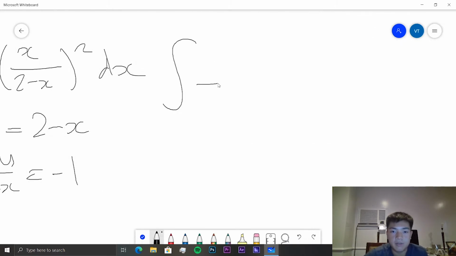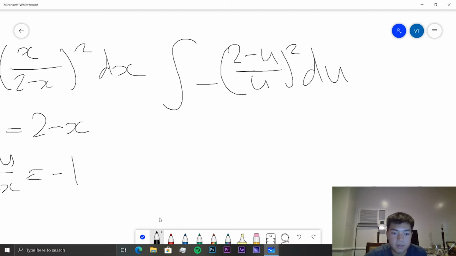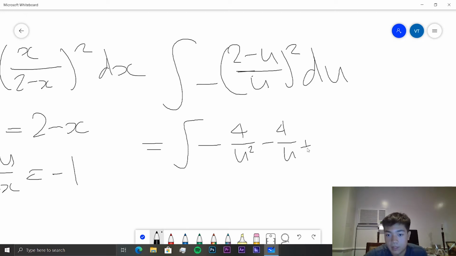the integral of negative 2 minus u over u squared du. So this is equal to the integral of negative 4 over u squared minus 4 over u plus 1.